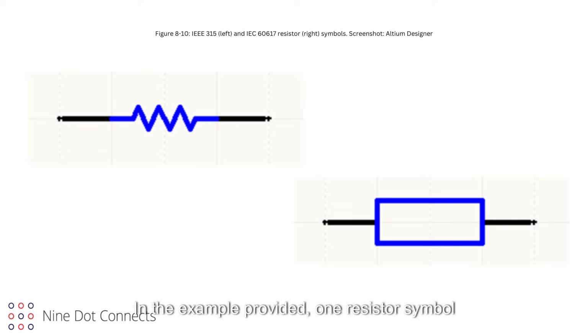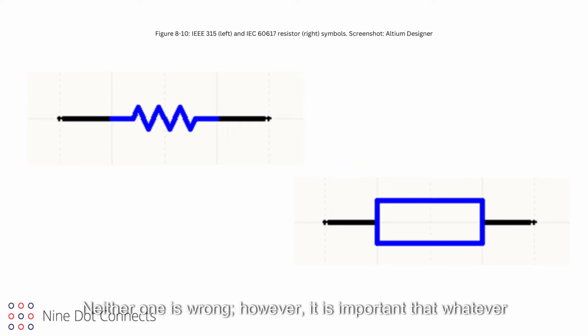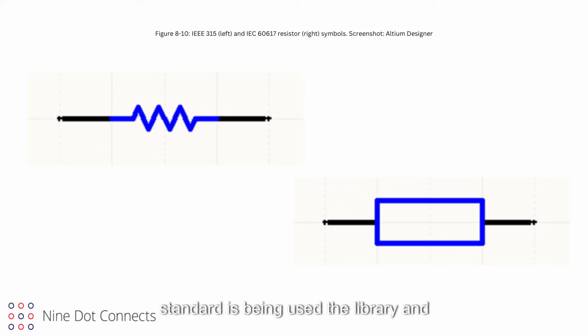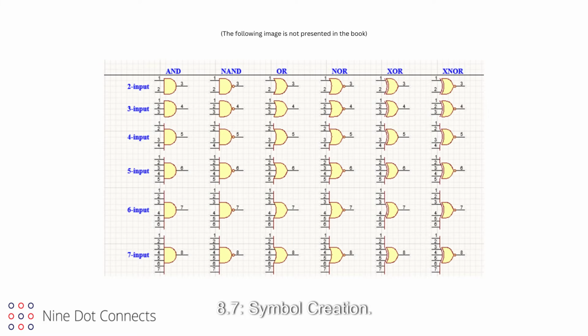In the example provided, one resistor symbol is based upon the ANSI/IEEE standard 315, which is widely used in North America, while the other is based on the European IEC standard. Neither one is wrong. However, it is important that whatever standard is being used, the library and schematics need to be consistent with it.